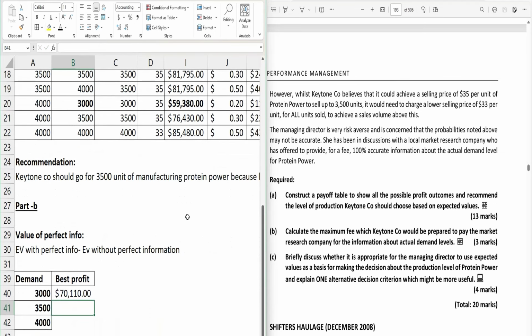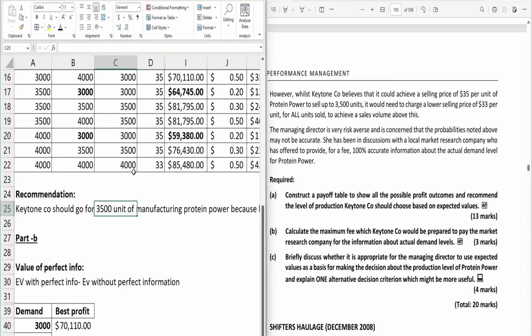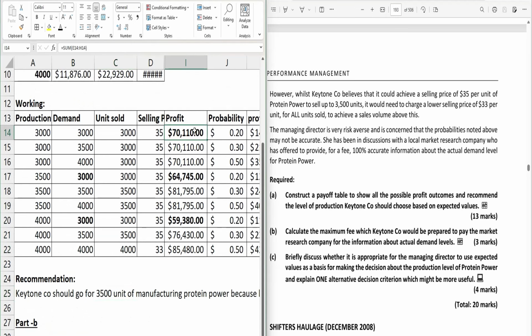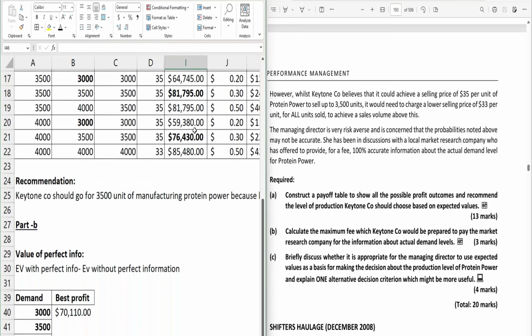Now our demand is 3500. At demand 3500, one of the profits is 70,110, another is 81,795, and another is 76,430. Among these the highest is 81,795, so we will go with that.